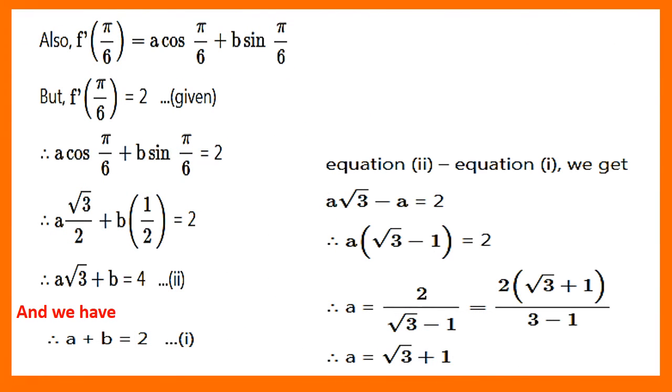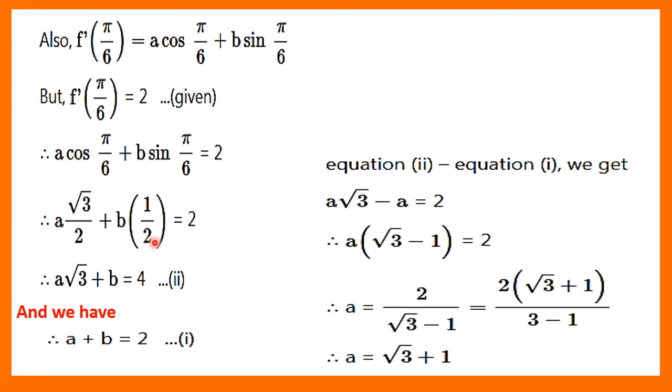Also, f dash of pi upon 6 is given as 2, and in the derivative f dash of x, we substitute x is equal to pi upon 6, that is a into cos pi upon 6 plus b into sin pi upon 6, and it is 2 as given in the question. So a into cos pi upon 6 plus b into sin pi upon 6 is equal to 2, that is a into root 3 by 2, the value of cos pi upon 6, plus b into 1 by 2, the value of sin pi upon 6, which is equal to 2.